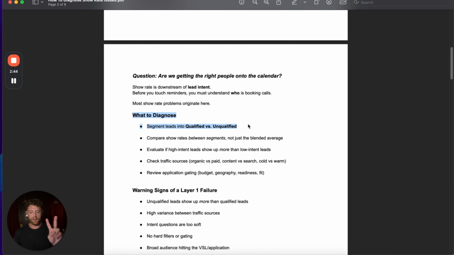The second one is comparing show rates between other segments, so breaking down your lead sources. This is extremely important because if you're looking at a blended average of your show rate, what you'll sometimes notice is you have a 10% show rate on one traffic source that's producing 50% of your leads, and you have an 80% show rate on the other 50%.